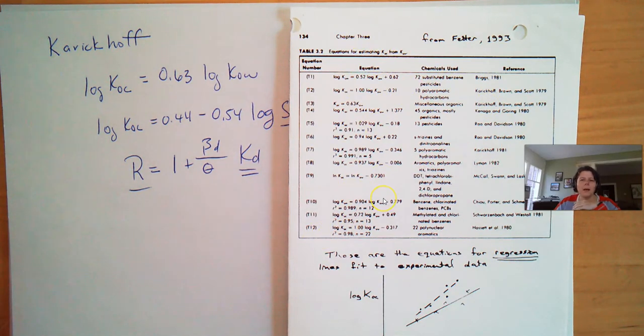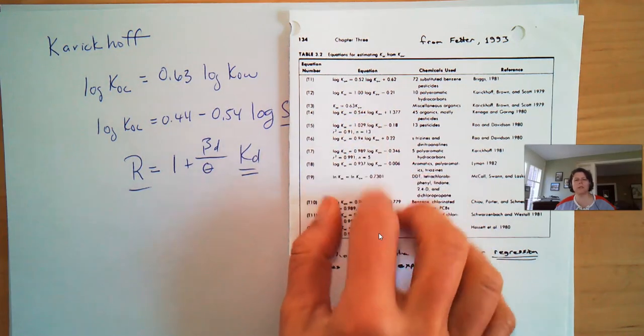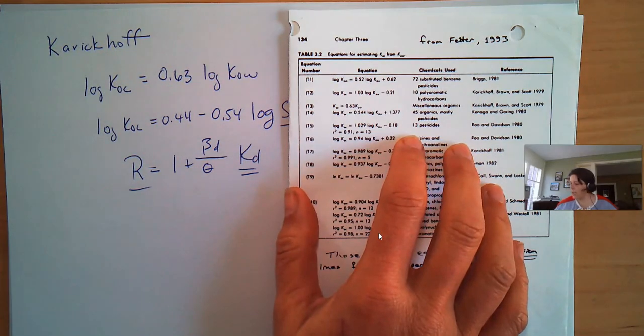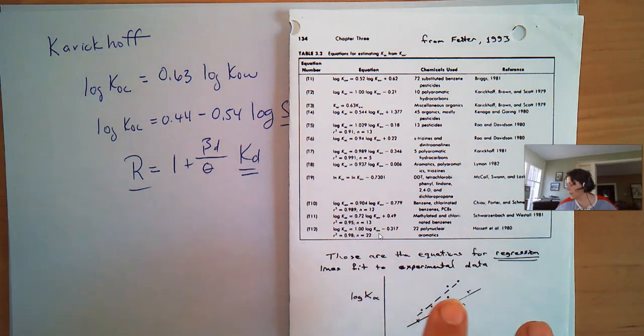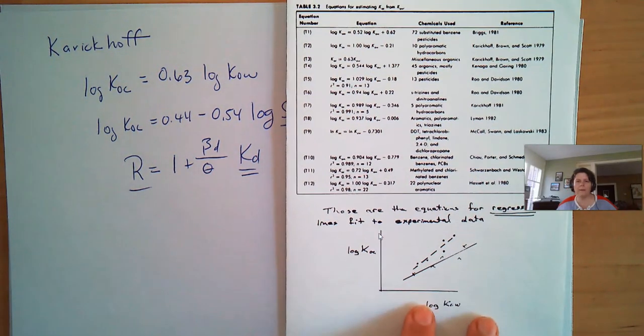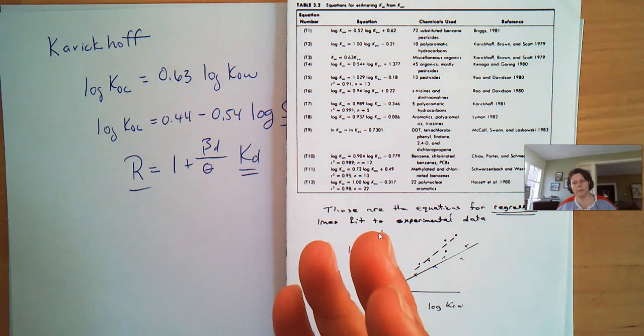For a while, people were coming up with different ways of doing these equations and linking these chemicals together. So it's very important that we get this regression of log KOC and log KOW. They'll vary for the different types of contaminants, and you can look up these equations in your book.